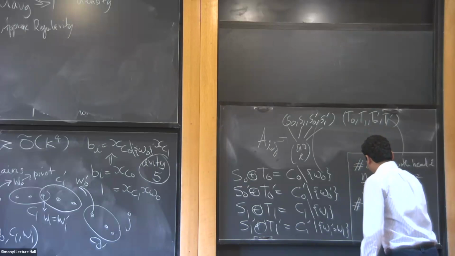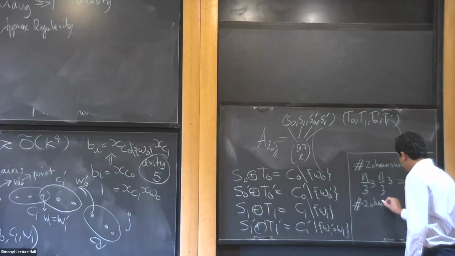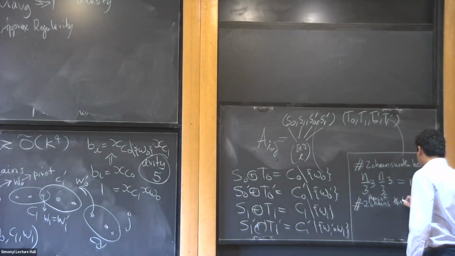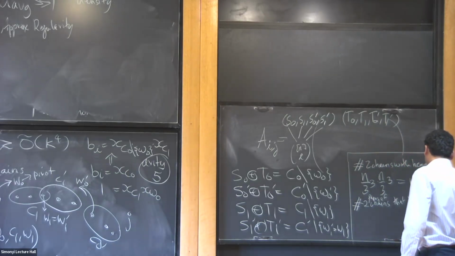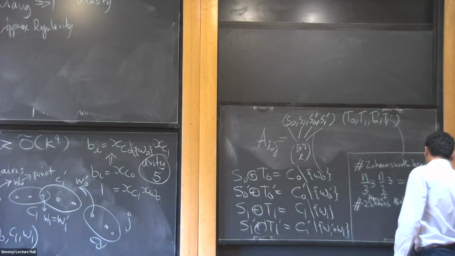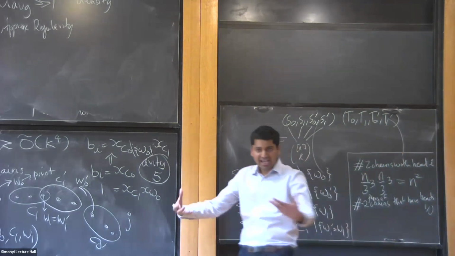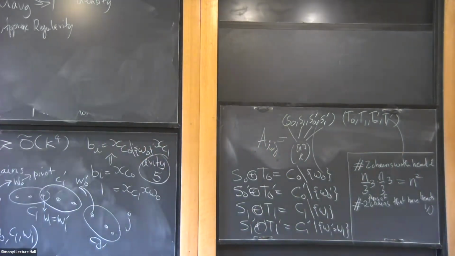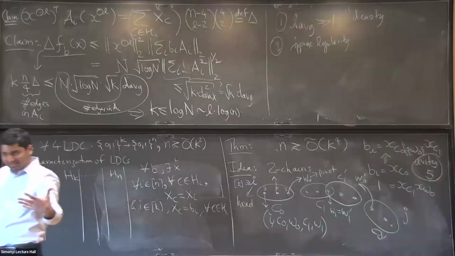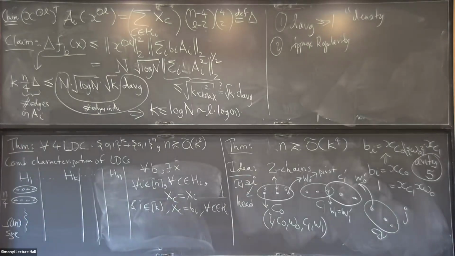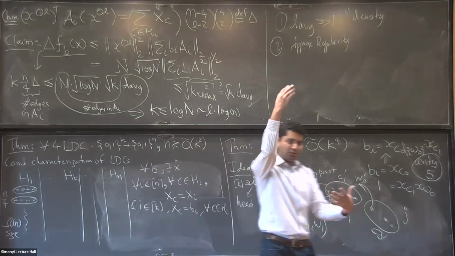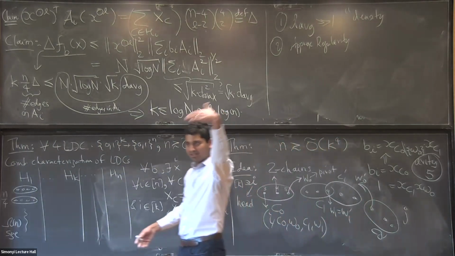What is the number of pairs of 2 chains that have heads I and j? Now the two chains must intersect in their tails. There are n squared 2 chains on the left, n squared 2 chains on the right, and you can in fact show that the tails are basically all uniform. So all the W0s appear equally often.